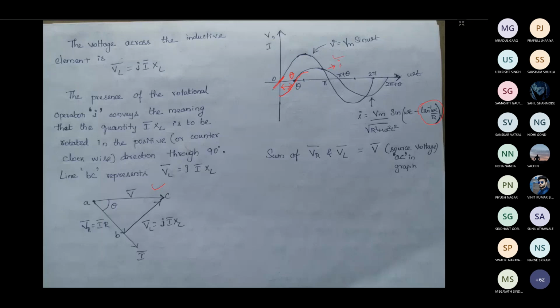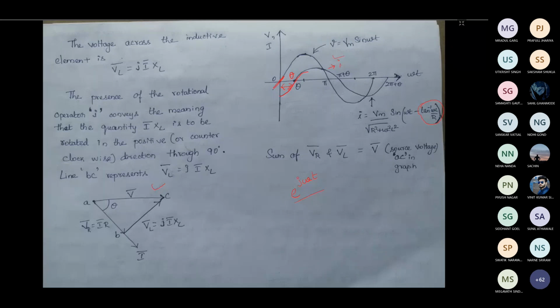Yes, sir. So can you tell me what is the need of this e to the j omega t? What is the importance of this in phasor? Sir, it denotes that the phasor is rotating.